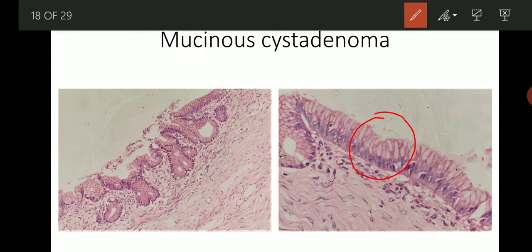If you see, the nuclei are present at the bottom in a single row, and there is a lot of mucin. This vacuolated and pale appearance means the cells contain a lot of mucin. So this is a mucinous type of epithelium which you will see in the mucinous cystadenoma. And because this is an adenoma, that is benign, you won't find any features of malignancy as discussed for serous.